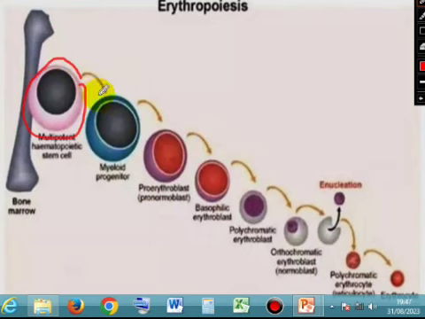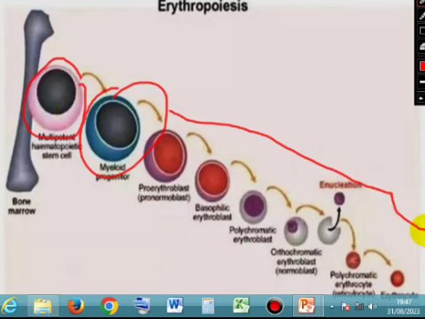Let me say that again: erythropoiesis occurs through three key stages: size maturation, nucleus maturation, and what? Cytoplasmic maturation.